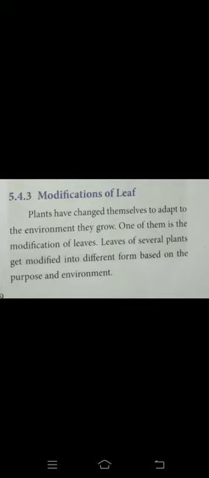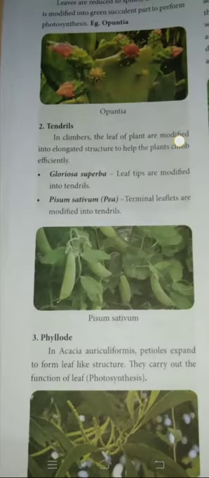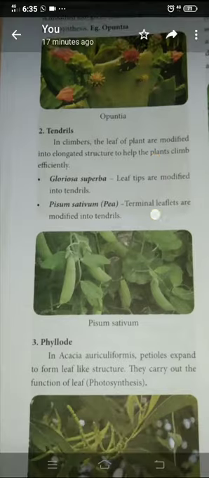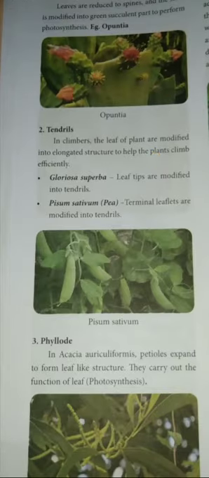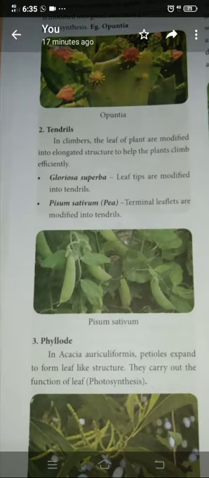Leaf modification: the leaf always does the function of photosynthesis. Okay ma. If it does any other function, the first one is Opuntia. Here, to avoid evaporation, the leaves are converted into spines.